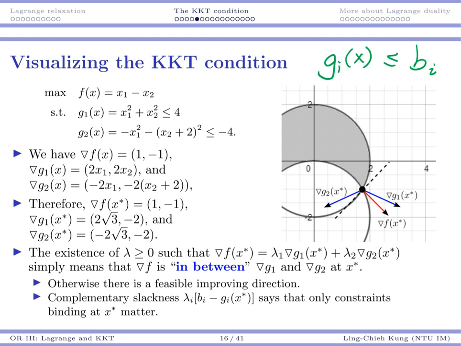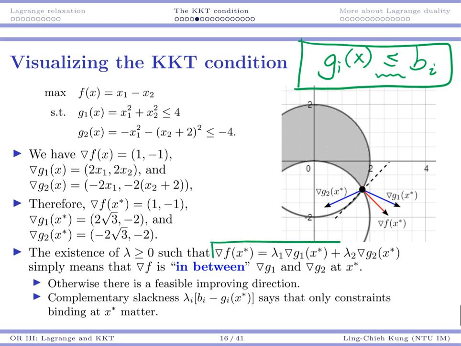So always don't forget to first organize all your constraints into this particular format. Your G should be put at the smaller side of your inequalities so that when you do these gradient things, you're going to get the required first order condition for your Lagrangian in this particular format.